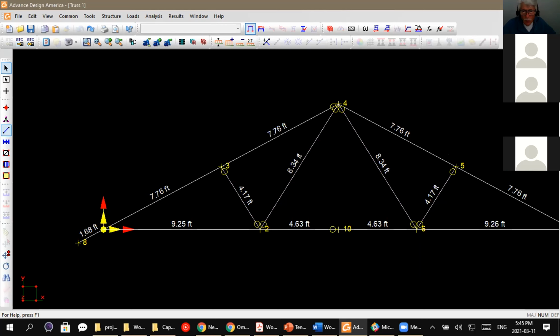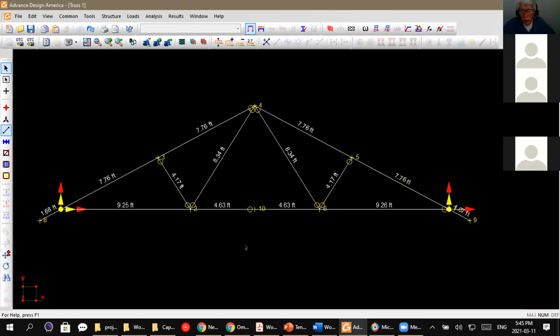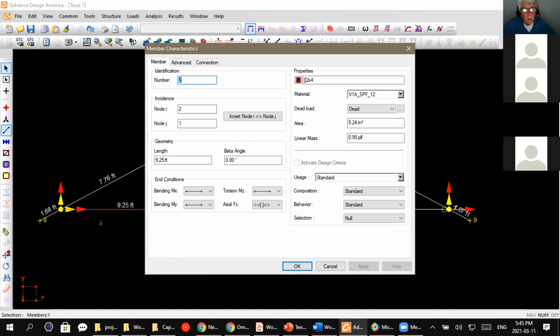I'm trying to understand what you toggled on or off that is giving you that error message, you understand? SPF number 1, number 2, that's all good. Bending.